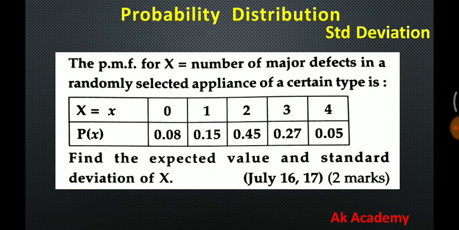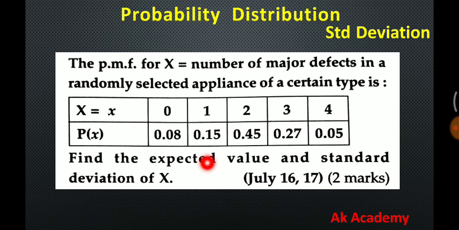The PMF of X is given for the number of major defects in randomly selected appliances of a certain type, in a probability mass function table. Find the expected value and the standard deviation. What is this expected value? This is nothing but the mean, E of x, the summation of xi pi, and the standard deviation is sigma, which is the square root of variance.